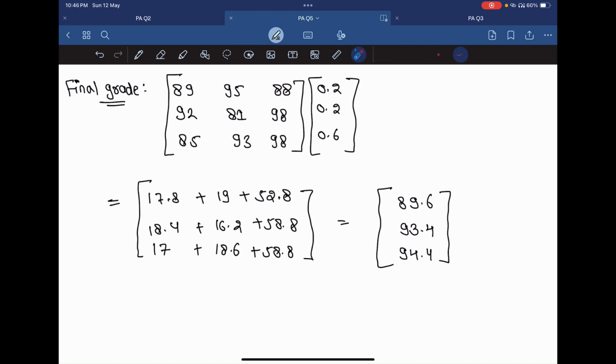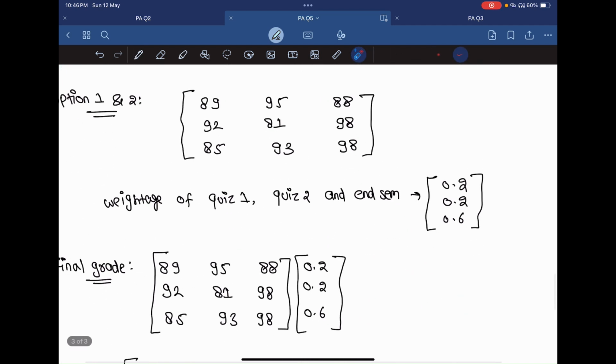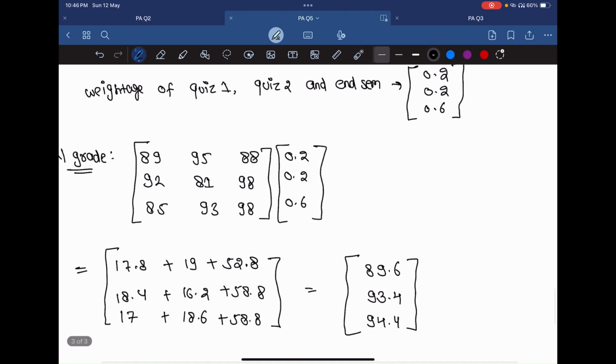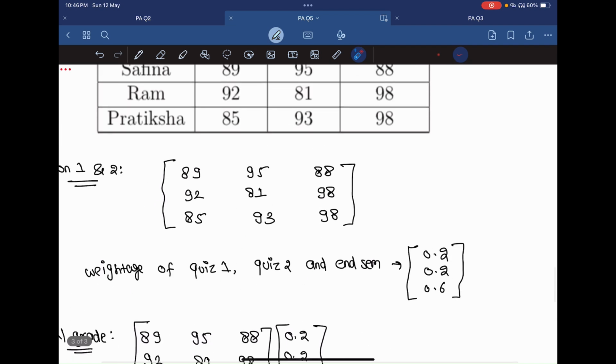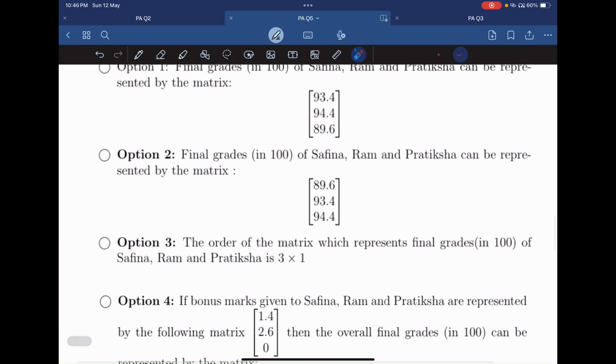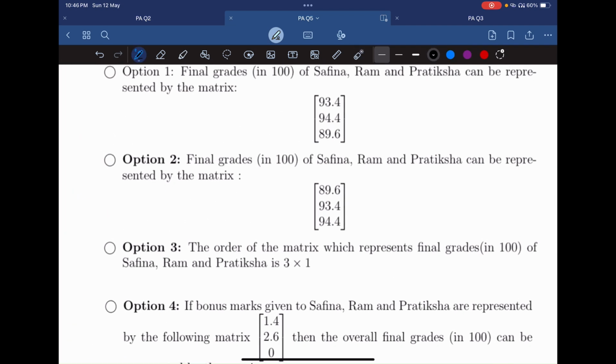So this will be the final grade for Safina, Ram and Pratiksha, and this is a matrix of order 3 cross 1. So hence we can check that option 2 has the correct matrix, while option 1 is wrong. And option 3 says the order of the matrix which represents final grade of Safina, Ram and Pratiksha is 3 cross 1. So option 3 is also correct.